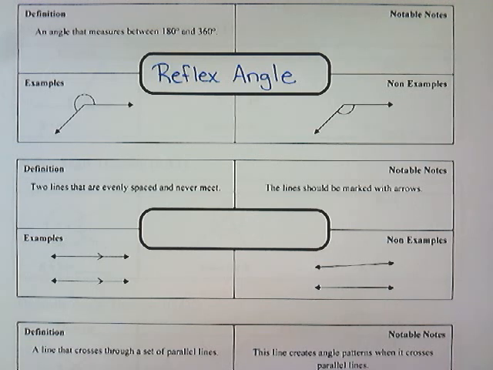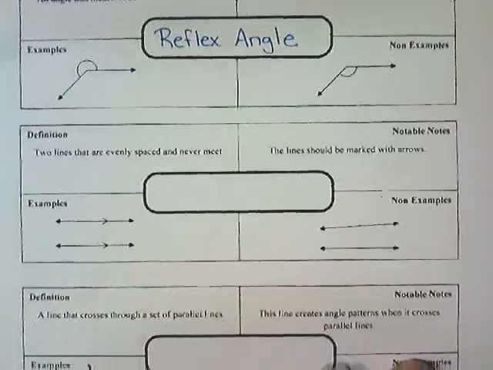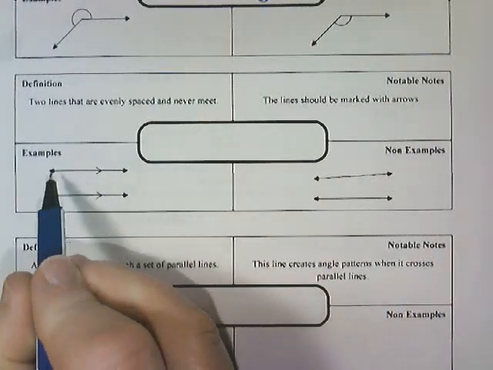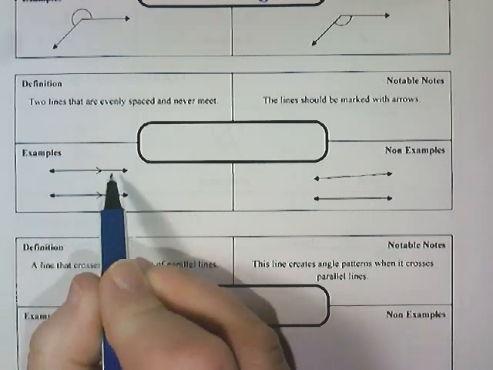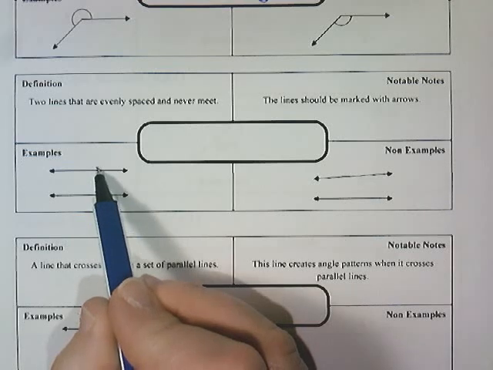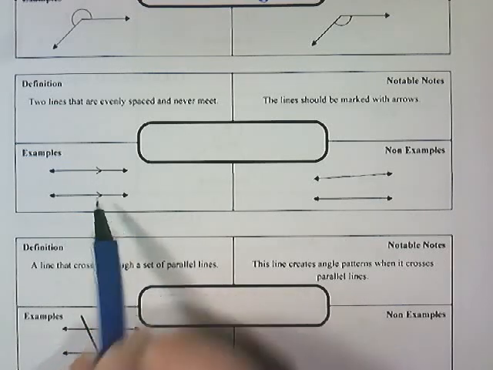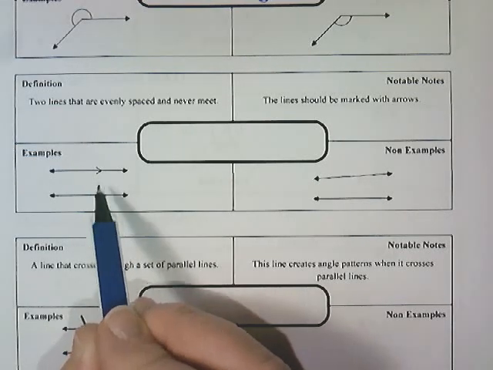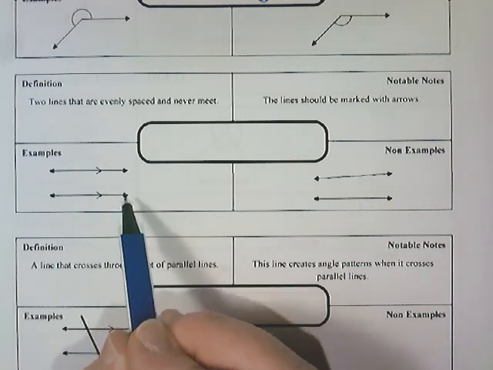All right, this one says two lines that are evenly spaced and never meet. So I have two lines here that are perfectly evenly spaced, right? So they are never going to cross. And you'll notice they have these little arrows marked on them. So these little arrows are different from the arrows on the ends.